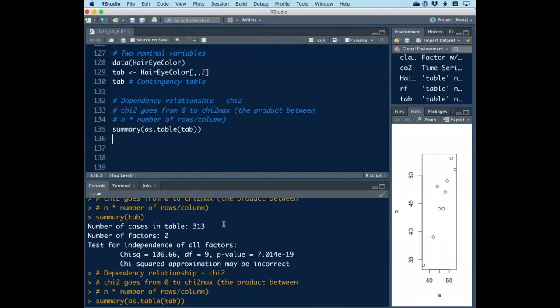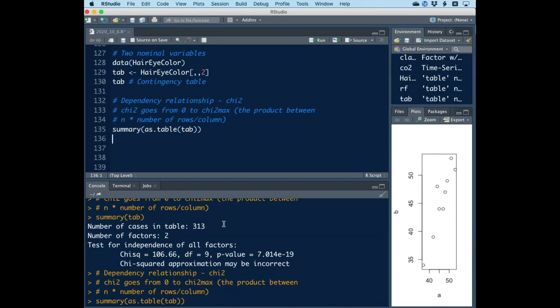So we have two kinds of relationship: correlation, which is useful to see whether there is a relationship between quantitative variables, in the sense that when one increases the other one increases or decreases.